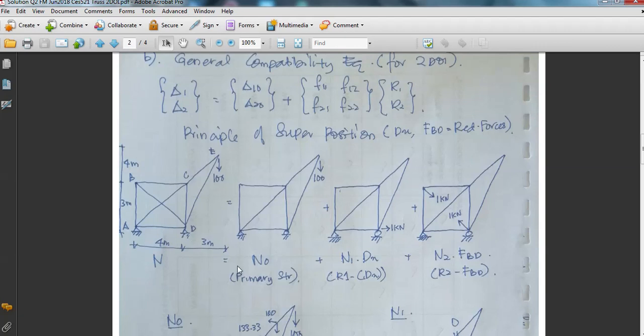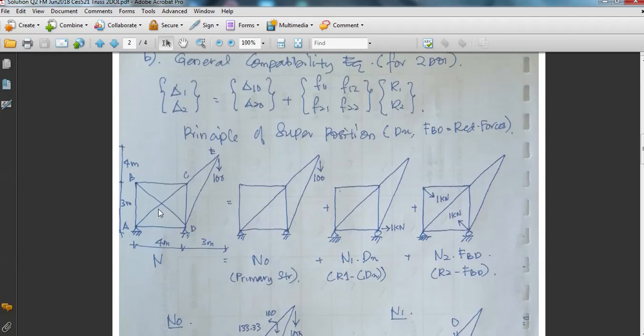N equal to N0 plus N1 multiplied by dx plus N2 multiplied by FBD. Just now you have determined dx and FBD. So next you can determine your N. This is N for actual structure. This is your objective, to determine N for actual structure.